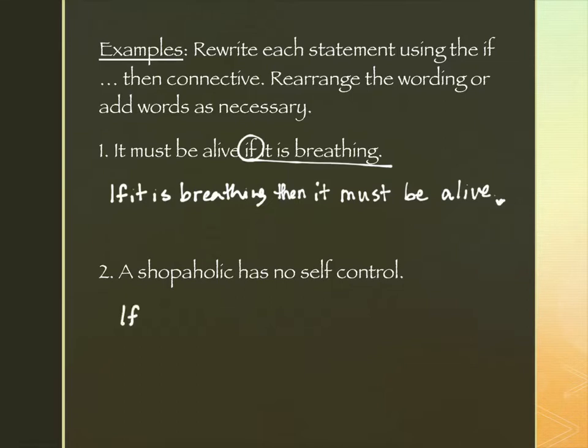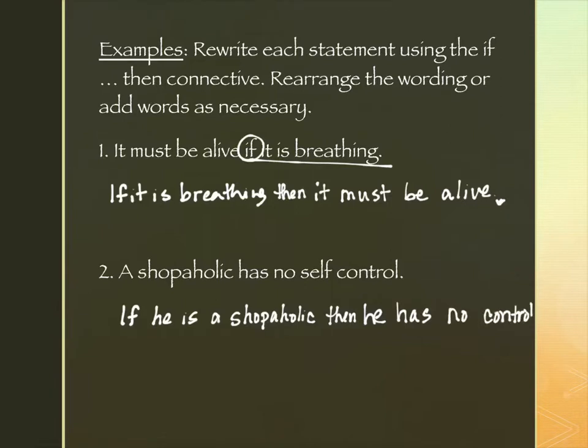So we start with an if, obviously. And I'm going to use he. If he is a shopaholic, then he has no control. Does that make sense? But I don't have to use the word he.